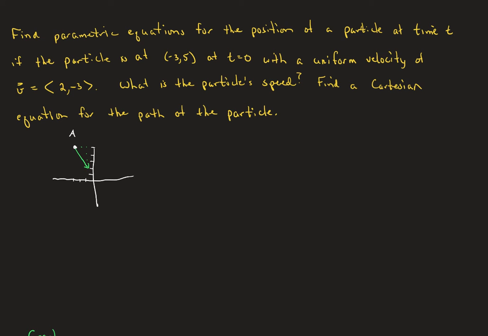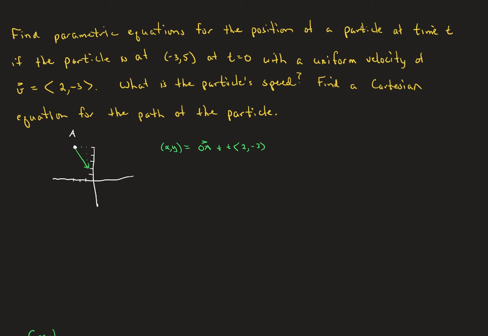To get the position of the particle, x, y is going to be the vector OA, going from the origin to that point A, plus t times our direction vector or velocity vector 2, -3. That's a vector equation.